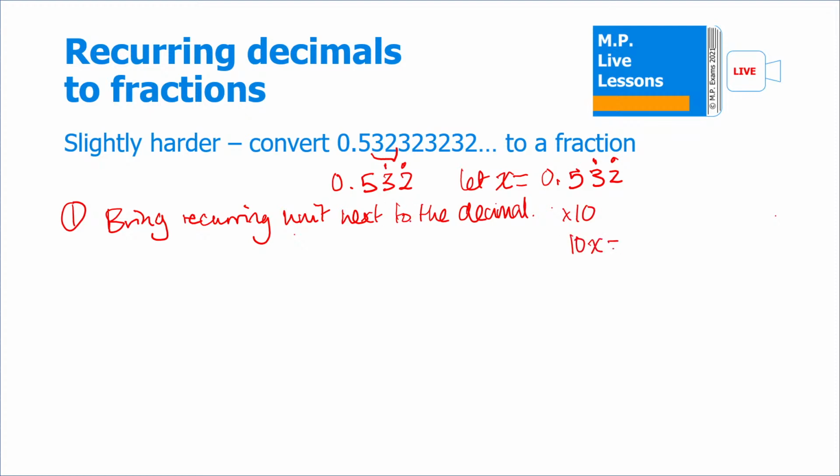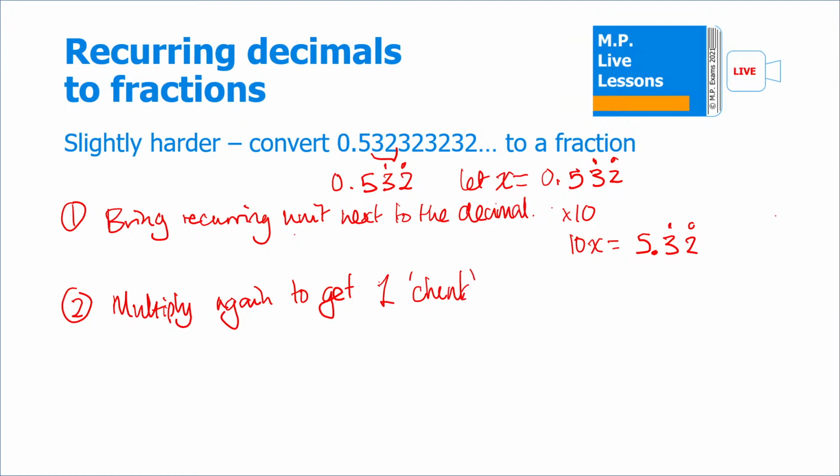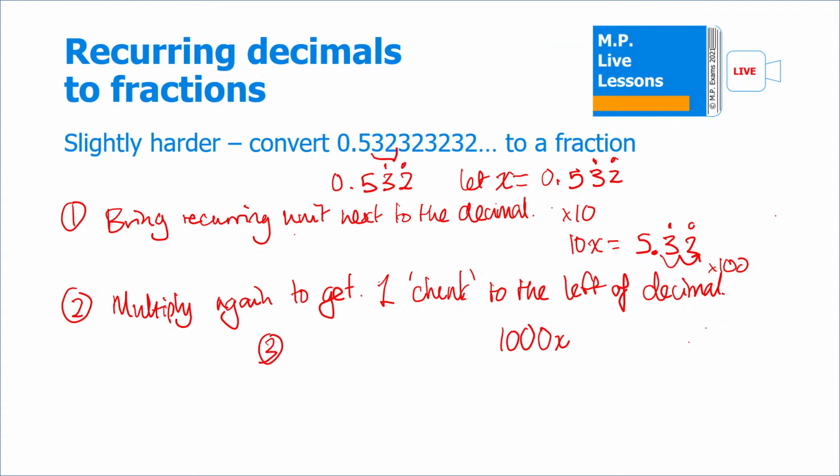So 10x is 5.32 recurring. Step 2 is to multiply again. So you get one chunk to the left of the decimal place. So we multiply it by 100 again, so we get 1000x and 10x.